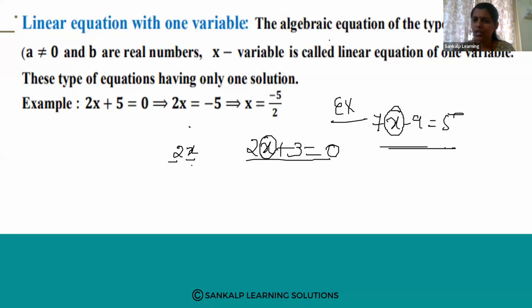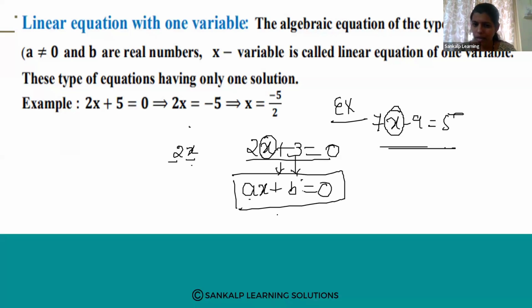The algebraic equation of the type ax plus b equal to 0, where a is not equal to 0 and a and b are real numbers. That means, see, if I write the general form of a linear equation with one variable, consider this constant term as a and x, plus this term as b. ಇದನ್ನ ನಾನು ಏನಾದರೂ ಕಾನ್ಸ್ಟೆಂಟ್ ಟರ್ಮ್ ಅನ್ನ b ಅಂತ ತಗೊಂಡ್ರೆ it will be ax plus b.